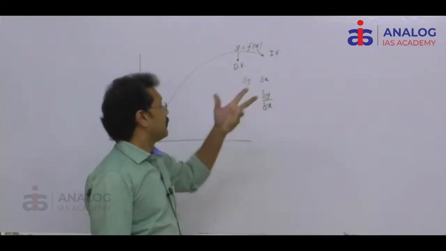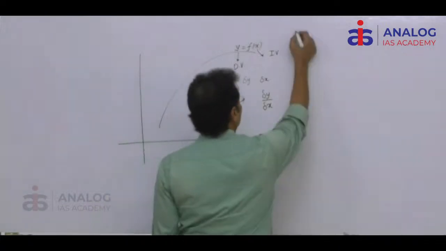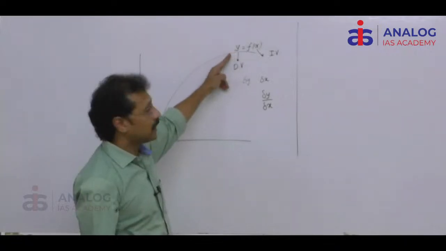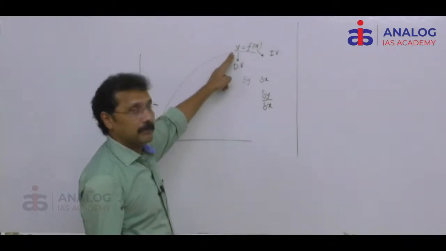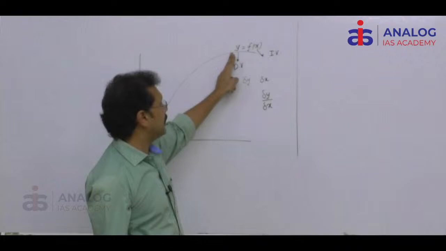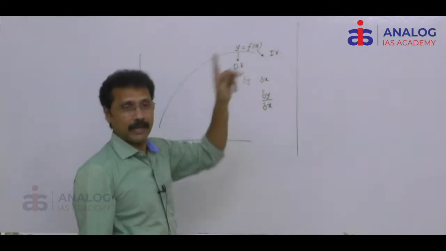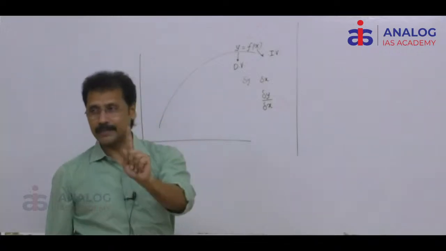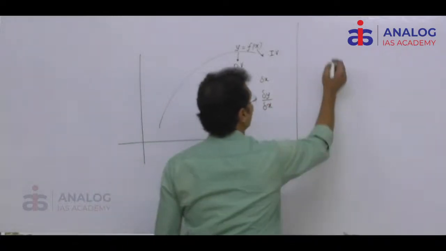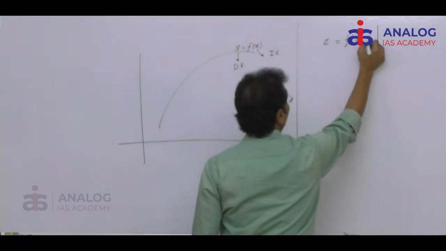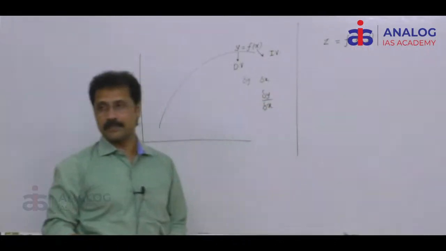Now here there are multiple scenarios. One scenario is that the dependent variable y totally depends on the independent variable x alone. The other case might be that z is some function of x and y.